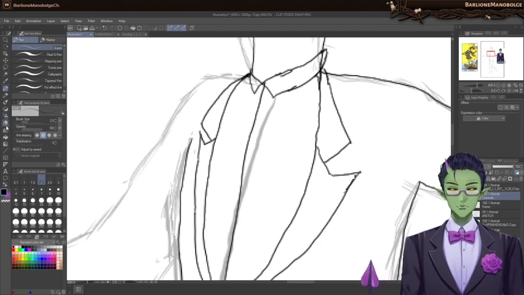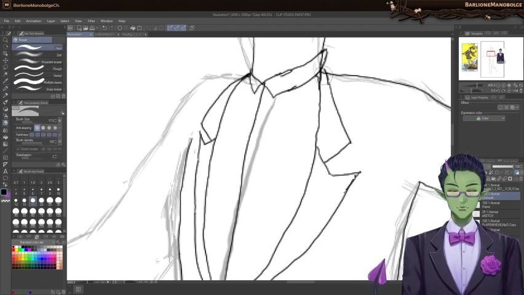Okay. Definitely not looking too bad. Let's see, the height of the collar is wrong on this side.